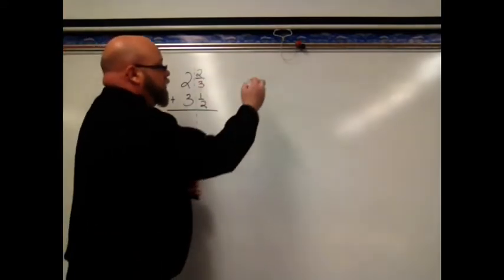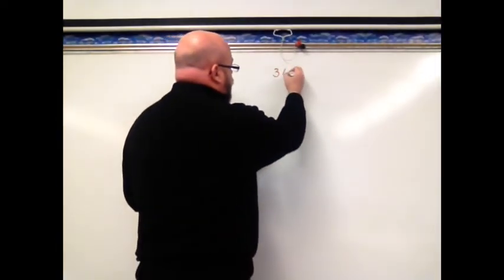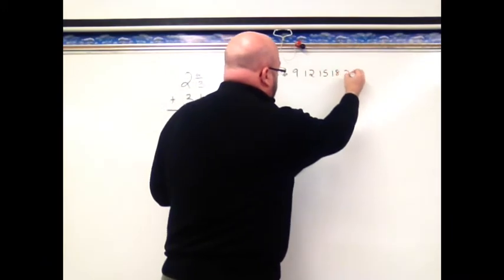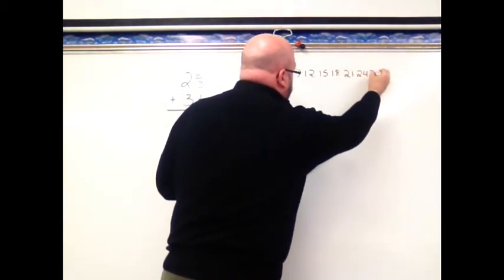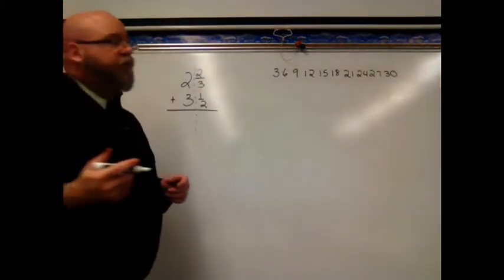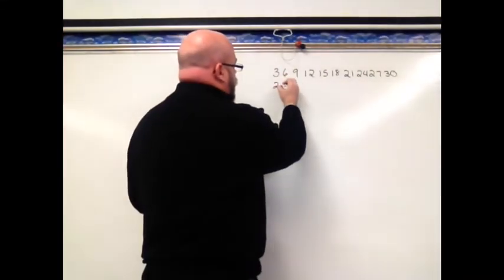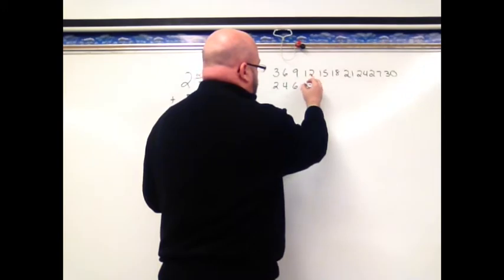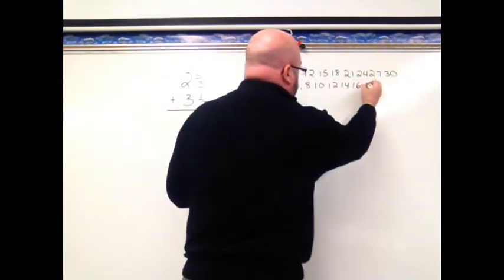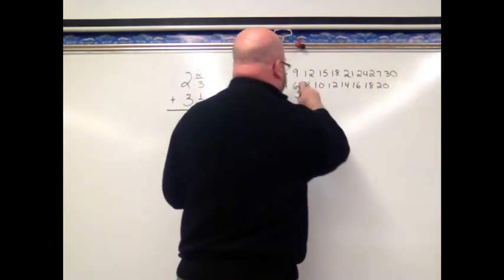So I'm going to count my 3s: 3, 6, 9, 12, 15, 18, 21, 24, 27, 30. Then I'm going to count by 2s: 2, 4, 6, 8, 10, 12, 14, 16, 18, and 20.